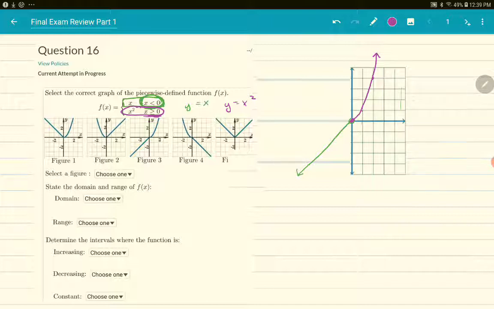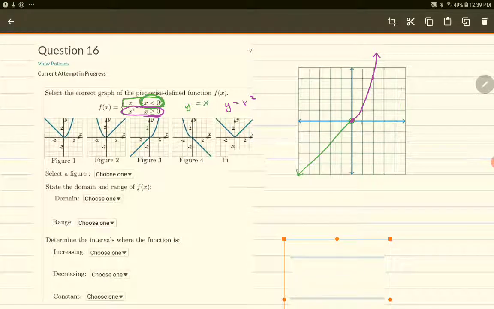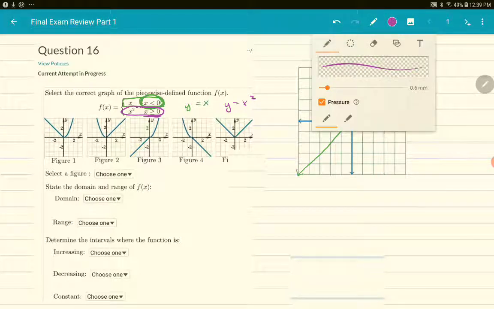All right, so now I have my full graph. It has two pieces. The green piece is defined by the left hand of the graph, where x is less than 0. The purple piece defines the right-hand side. And then together I have one function that's defined piecewise. And that looks like our answer would be figure 3.